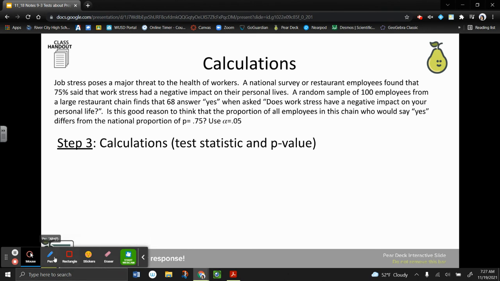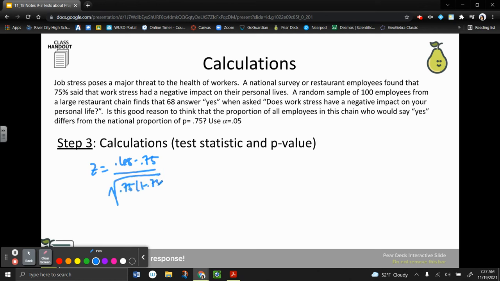All right, for the calculations, we're doing the test statistic and the p-value. So remember that p hat was 0.68 minus 0.75 over the square root of 0.75 times 1 minus 0.75 over 100.